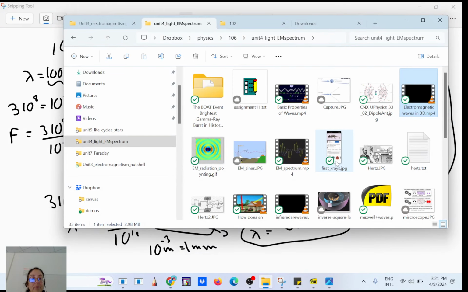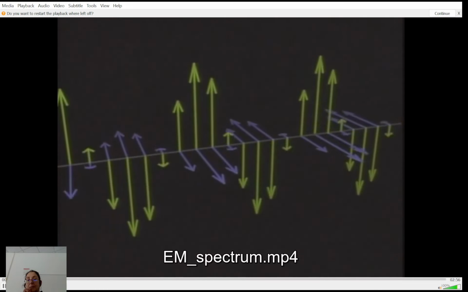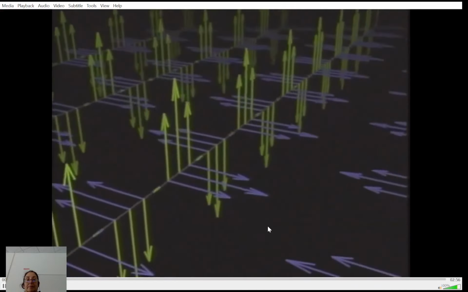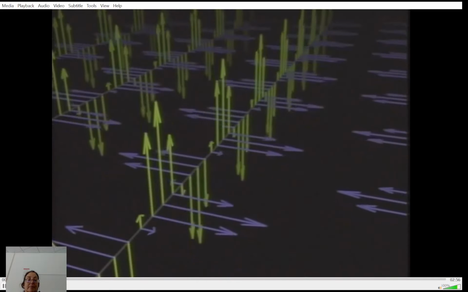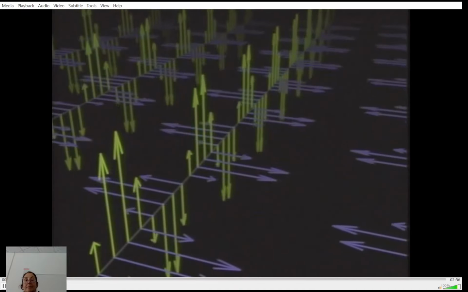Okay, another video. While electromagnetic waves are always transverse and in empty space, they always travel at the speed of light. But although they always have the same speed, they can have vastly different frequencies and wavelengths.